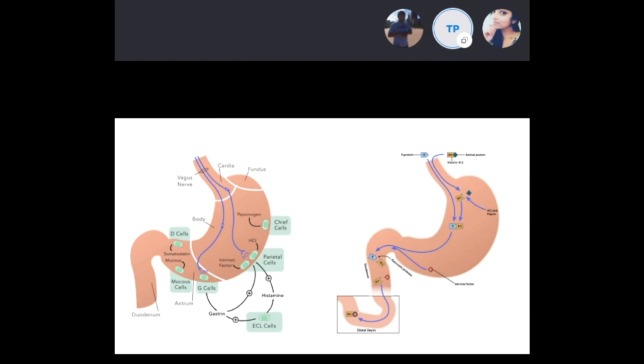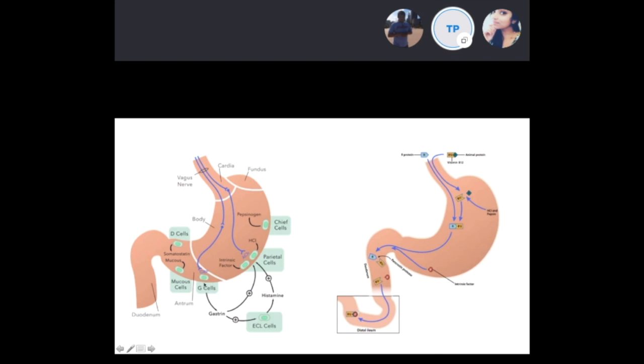So here, this picture shows us starting from the parietal cells, which again secrete acid and intrinsic factor. And then the chief cells, which secrete the pepsinogen. Mucus cells are here in the antrum, which create the protective barrier.